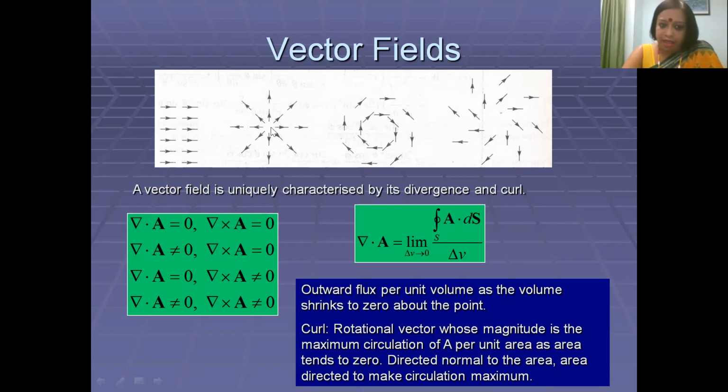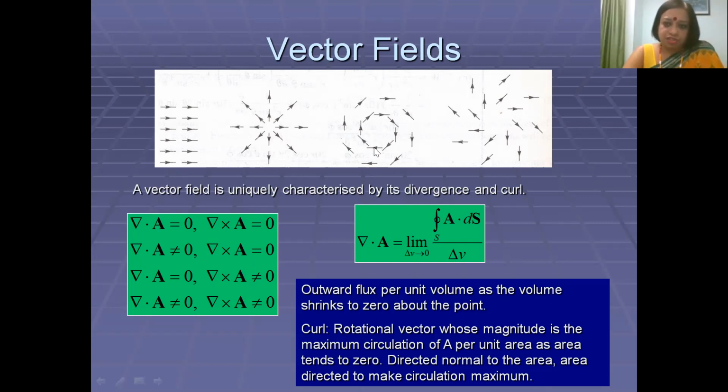So I am immediately able to specify the field distribution around that point. So this is the second case where divergence of A is not equal to 0 and curl of A is equal to 0. What kind of field does this remind you of? Charge, positive charge. An electrostatic field. Electrostatic field, yes.